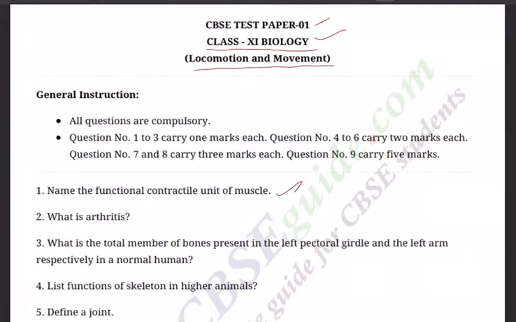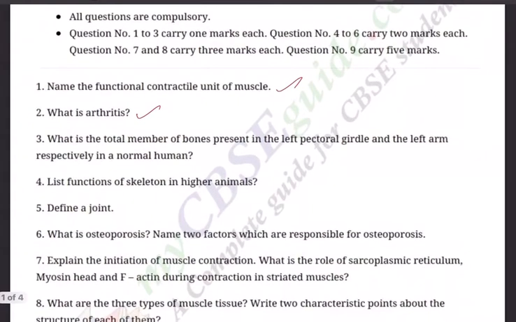So question number 1, name the functional contractile unit of muscles. Second, what is arthritis? We discussed a lot yesterday about this. Question number 3, what is the total number of bones present in the left pectoral girdle? There are 2 girdles, pelvic girdle and pectoral girdle, and left arm respectively in a normal human being.